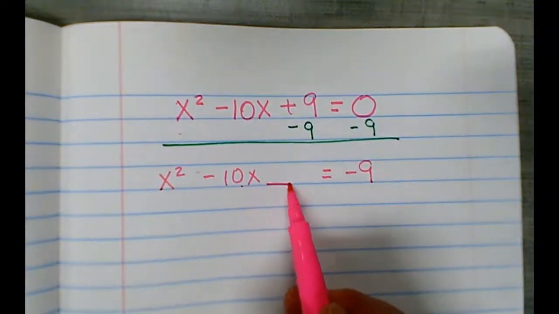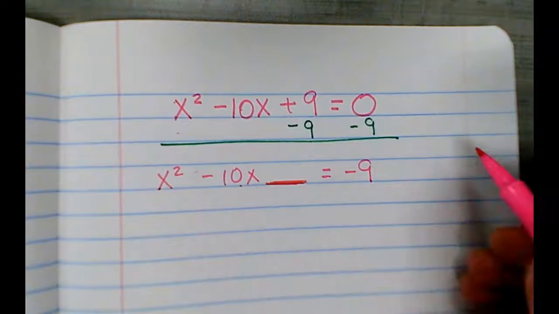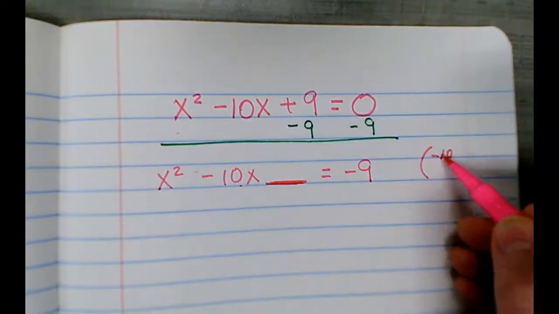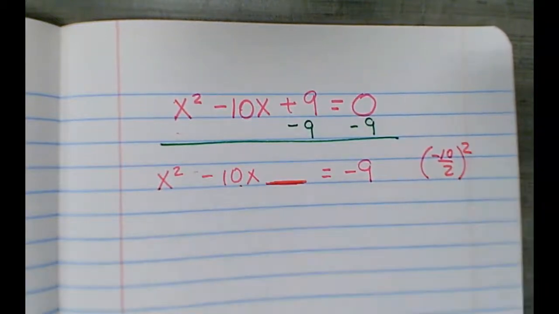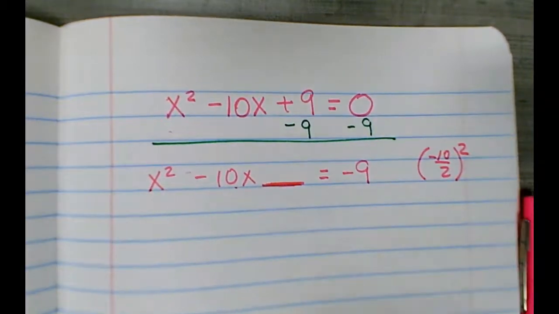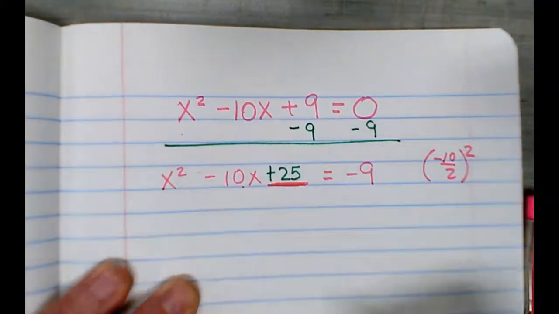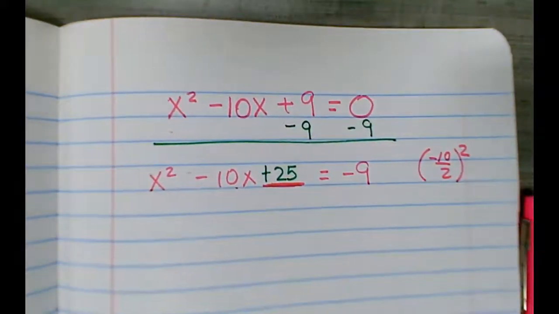And now, what number do I need to put in here to make this the perfect square pattern? 10 divided by 2 is 5. 5 squared is... Now I have a whole equation.